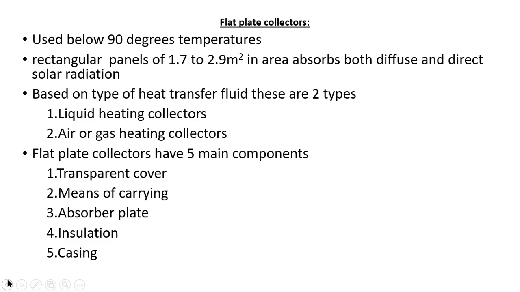The third one is the absorber plates. These are normally made of metal with a black surface, and a variety of materials are used.